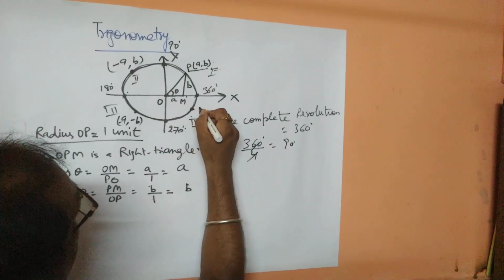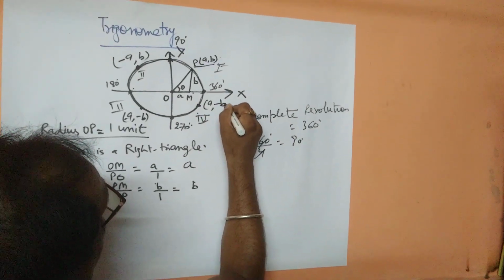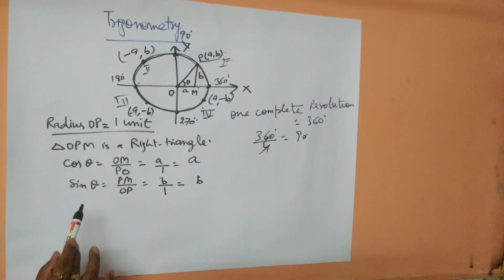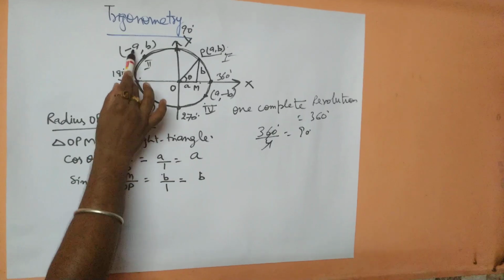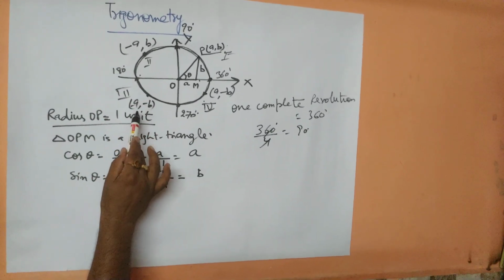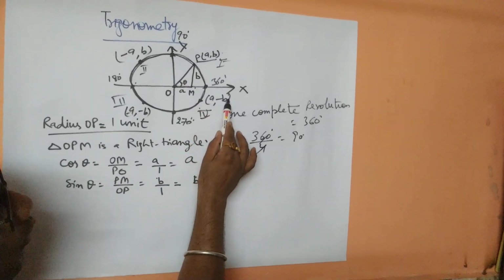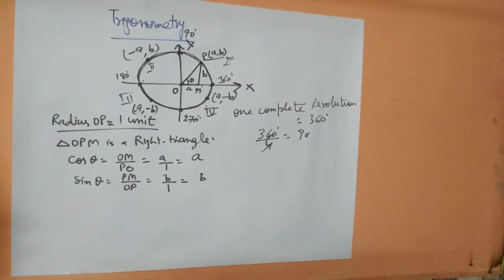In the fourth quadrant, any point can be of the form (a, -b). So in the second quadrant, x is negative, therefore a is negative. In the third quadrant, both a and b are negative. In the fourth quadrant, only the ordinate is negative and the x coordinate is positive.